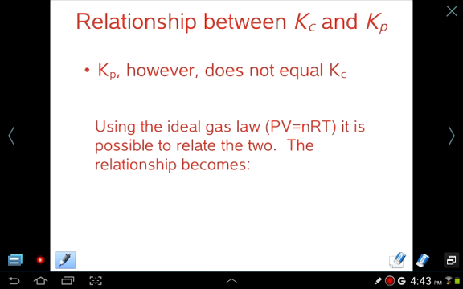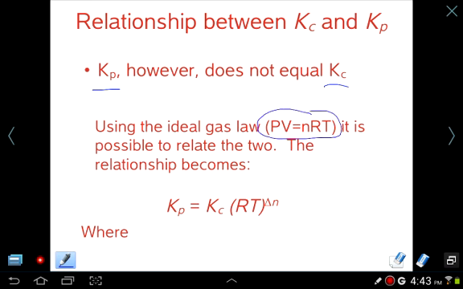So the relationship between Kp and Kc is actually given down here, and we're going to use the ideal gas law to derive this, because Kc, if you recall, deals with moles over volume, over liters, and pressure is related through PV = nRT. We have both moles and we have volume. So we're able to relate it. We won't derive it here, but there's a way to derive it and get this relationship.